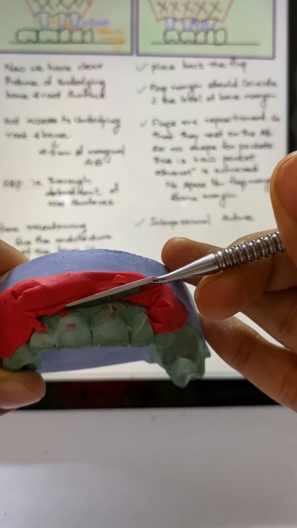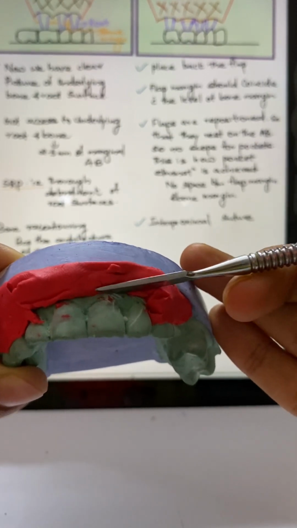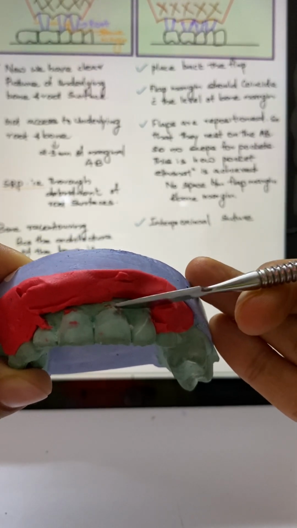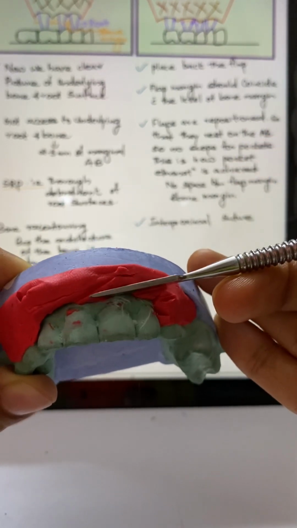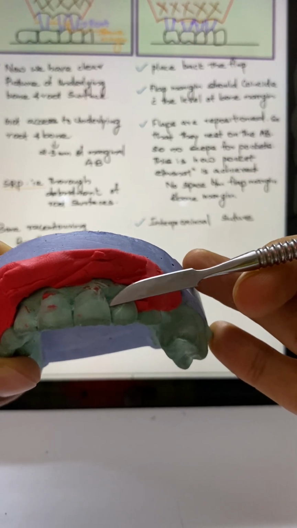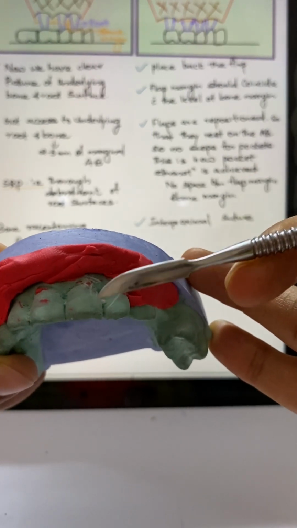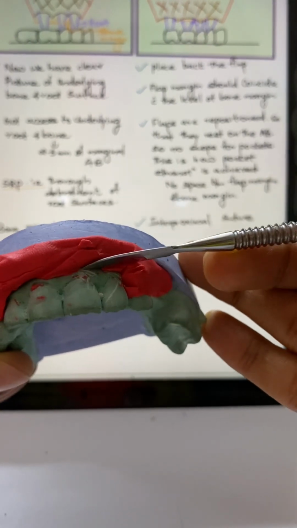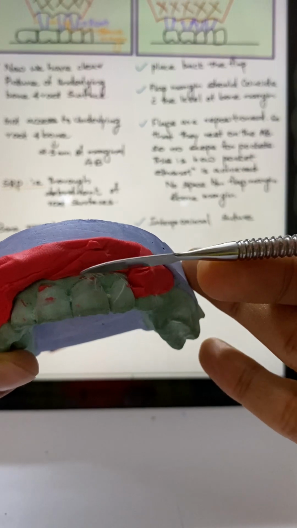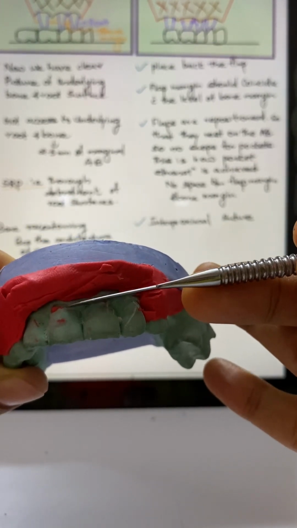So now the flaps are repositioned so that they rest on the alveolar bone. So this is the alveolar bone, and now the flaps rest on it. So no scope for pockets now. This is how pocket elimination is achieved. Now there is no space between the flap margin and the bone margin. Both are at the same level, so there is no scope for a pocket. This is how we do pocket elimination by the original Widman technique.